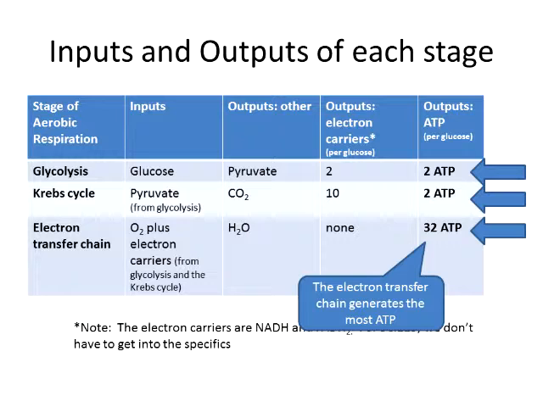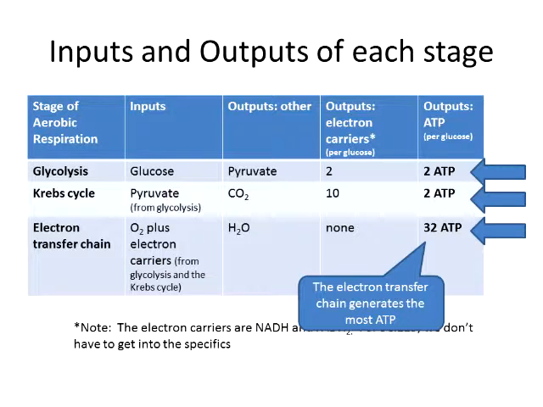Here's a chart that shows the major characteristics of each stage of aerobic metabolism. I'm showing the major inputs and the major outputs. For the outputs, I'm listing the electron carrier outputs and the ATP outputs separately from the other output.